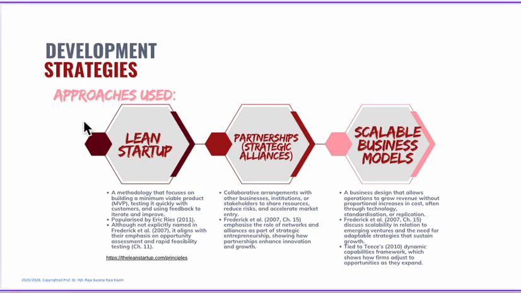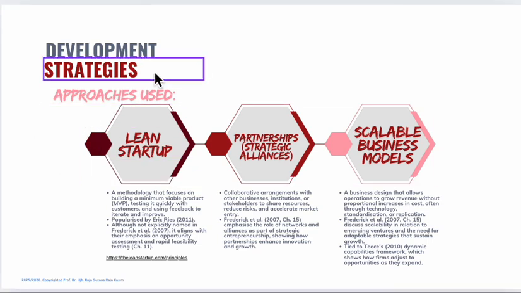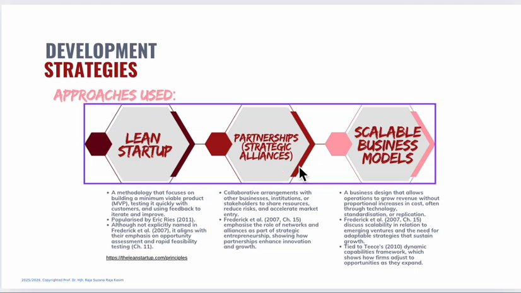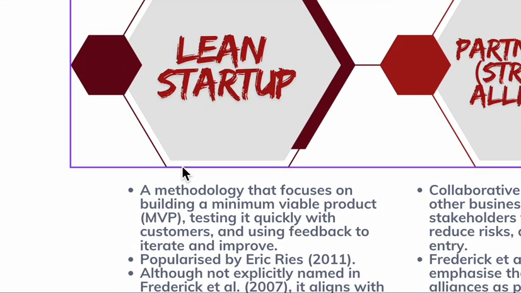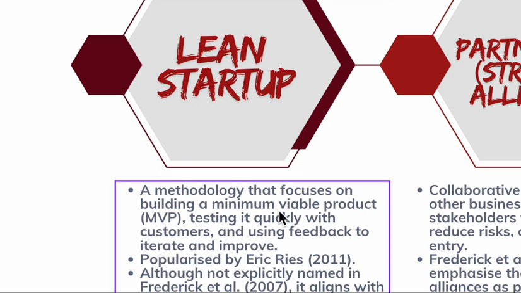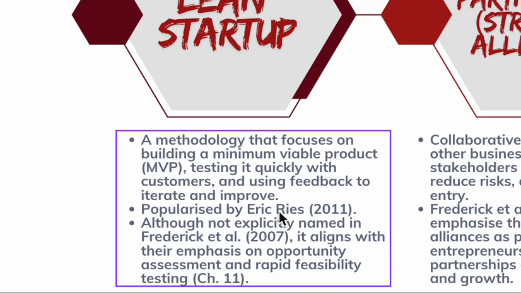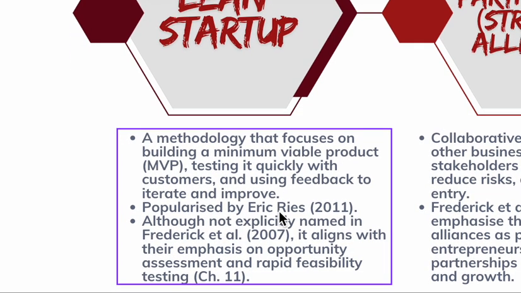Now let's turn to the development strategies. These are approaches that entrepreneurs use to grow and sustain their ventures, right? On this slide, we can see three major approaches. Let us first take a look at lean startup. The lean startup was introduced by Eric Ries in 2011. He focuses on building a minimum viable product, or we call it MVP.